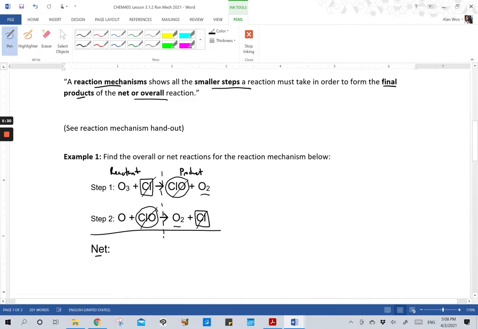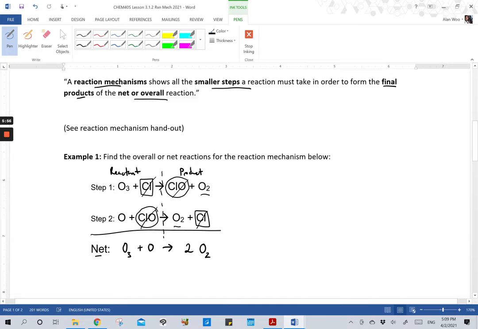Once we have canceled everything else out, whatever is left over, we collect at the bottom. From step 1, we have O3. From step 2, we have oxygen. So O3 plus O yields 2 molecules of O2.